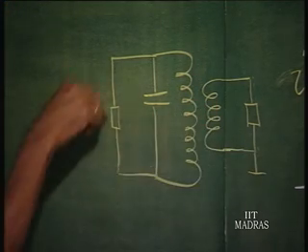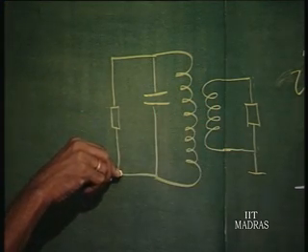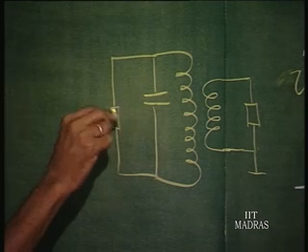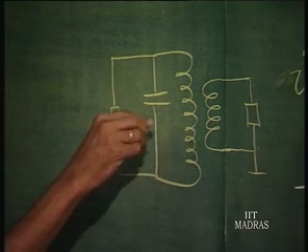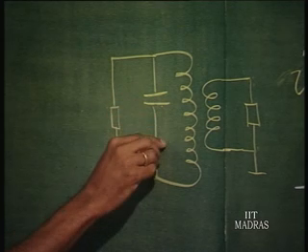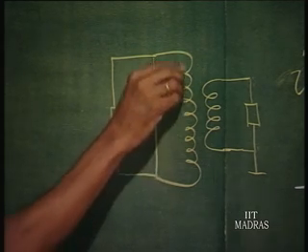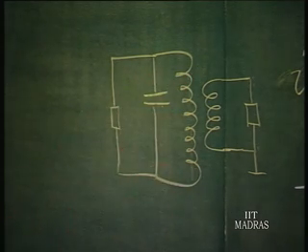If there is a load, that effect also is going to come as a shunt resistance across this. This will be the output resistance of the device under consideration, and the capacitive leakage resistance and coil resistance all put together.